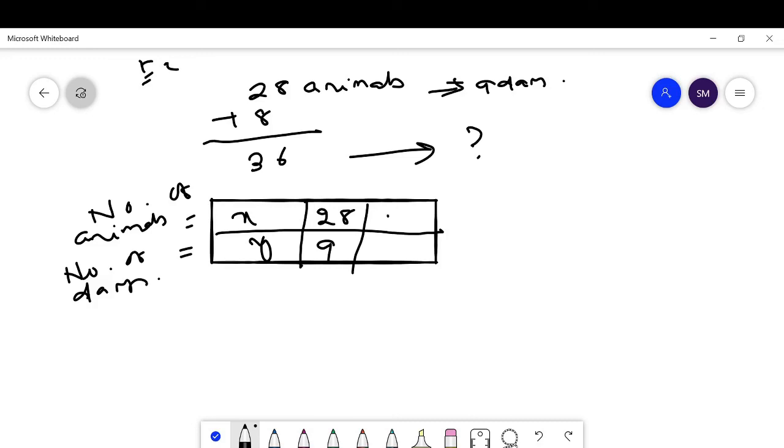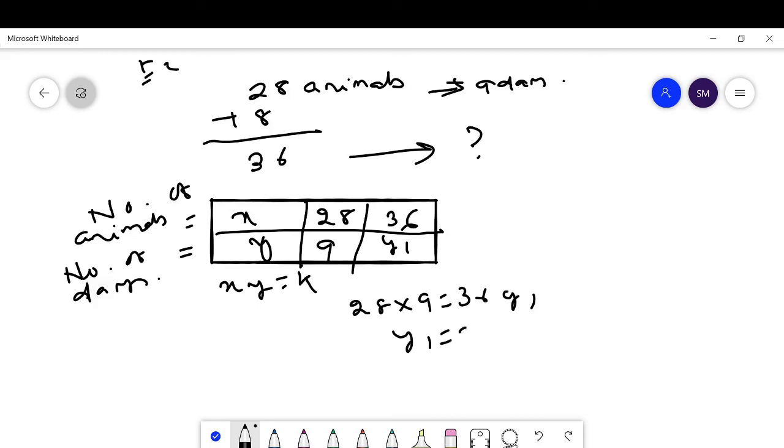When the number of animals increases to 36, then what is the number of days the food is consumed by the animals? As this is inverse variation, xy equal to k constant, means 28 into 9 is 36 y1. Then y1 is equal to 28 into 9 upon 36. 4 7s are 7. 7 days.